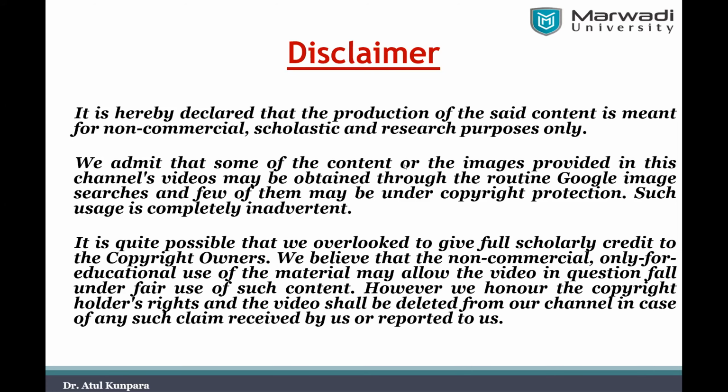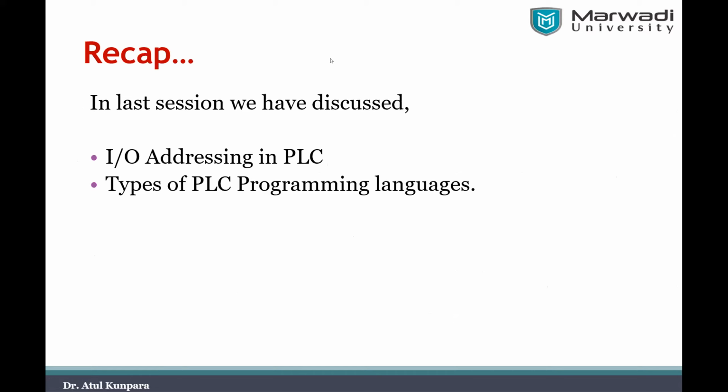Let's start our session now with a quick recap of what we discussed in the last session. We discussed first the IO addressing formats, that is, how we specify the address of a particular input pin and output pin in the PLC programs. Whenever you program the PLC, you need to take information from the input side, through the sensors.